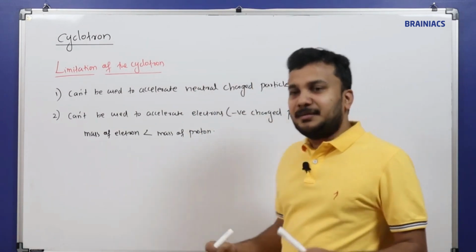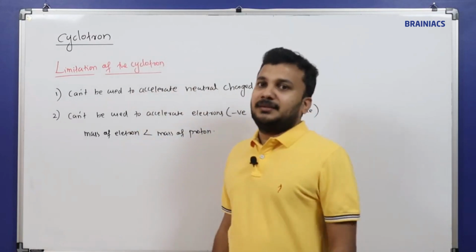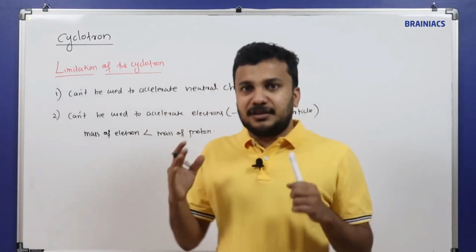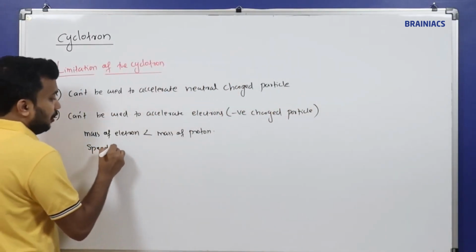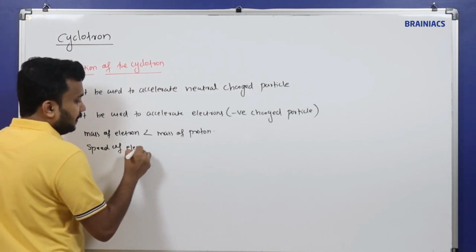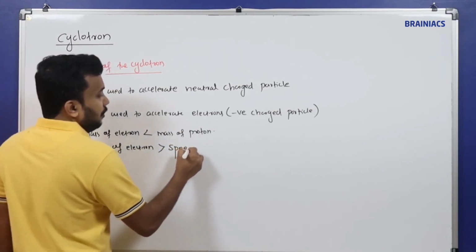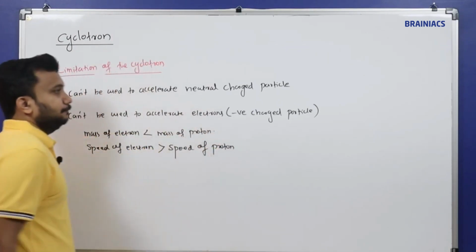Of course, I can run a bit faster than the other guy, because my weight is less. With very little mass, I can move very fast. Which means speed of electron is greater than speed of proton.